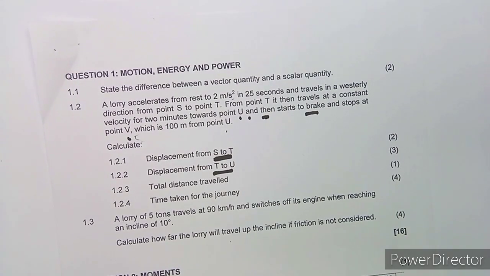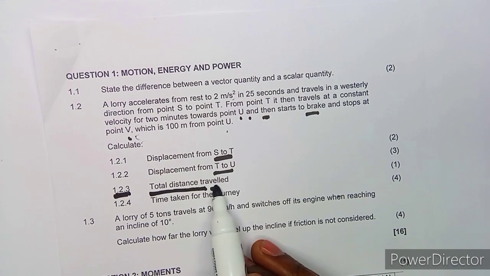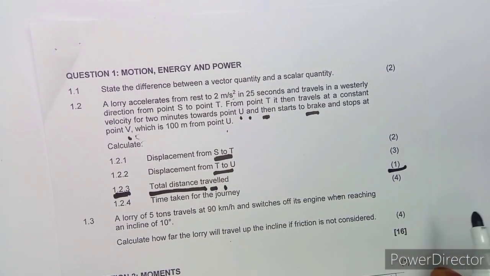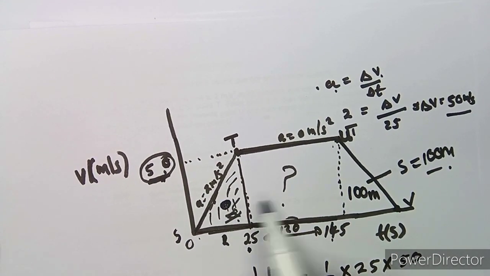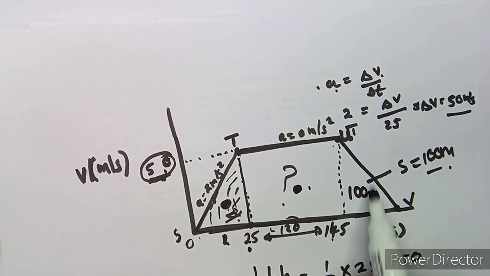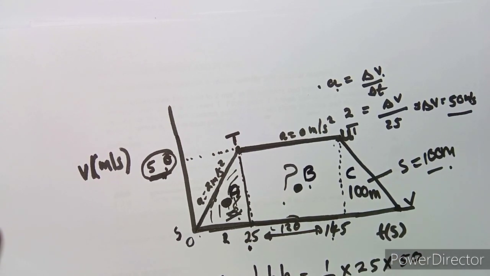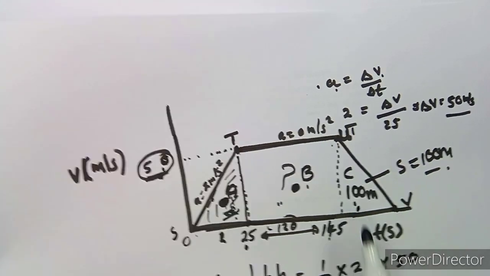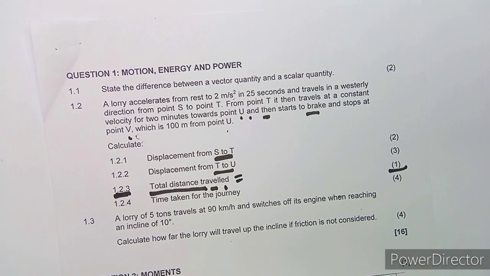All right, so the question now is to calculate on 1.2 the total distance traveled, because you are just adding. Remember you calculated the distance here, the distance here, so you're just adding all these. Let's say this is our a, this is our b, this is our c. So you add everything together, because you calculated these ones before. This one you are given, so this one is just going to be the first one.